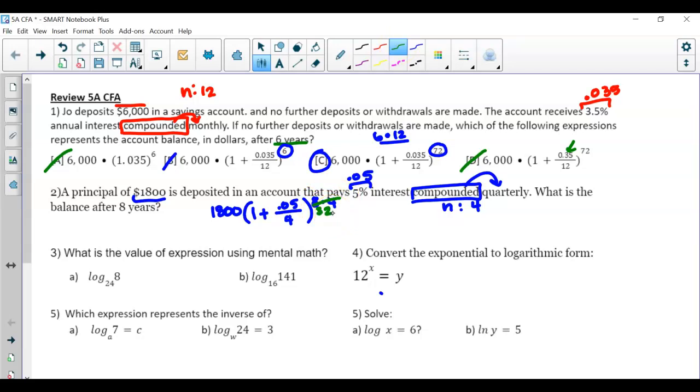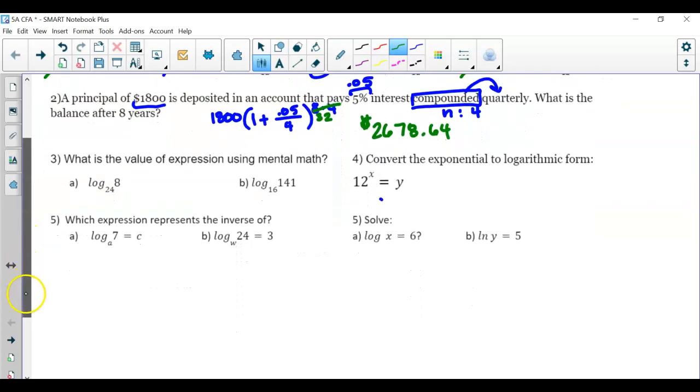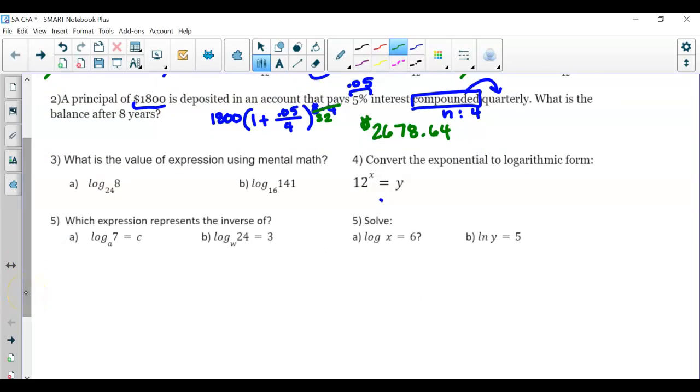So now putting all that in the calculator, you get an approximate amount of $2,678.64.